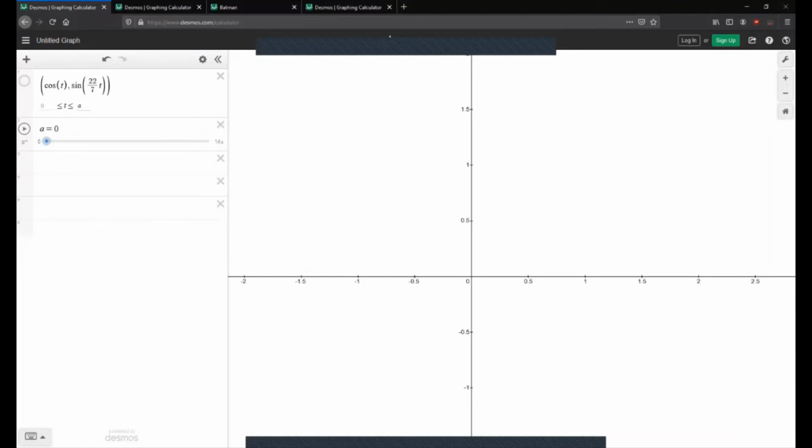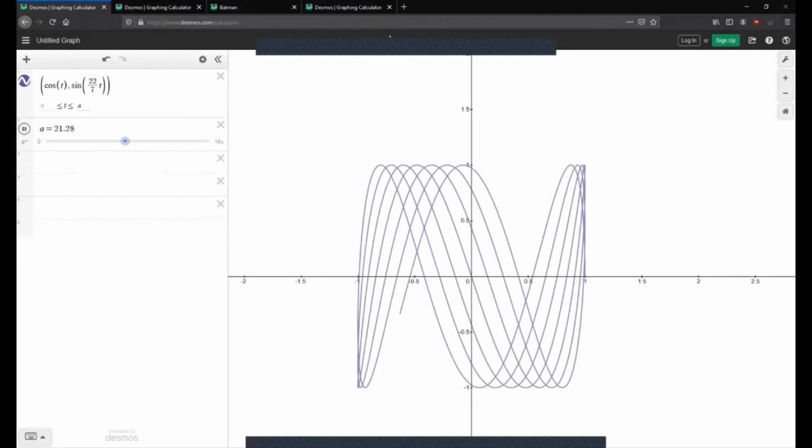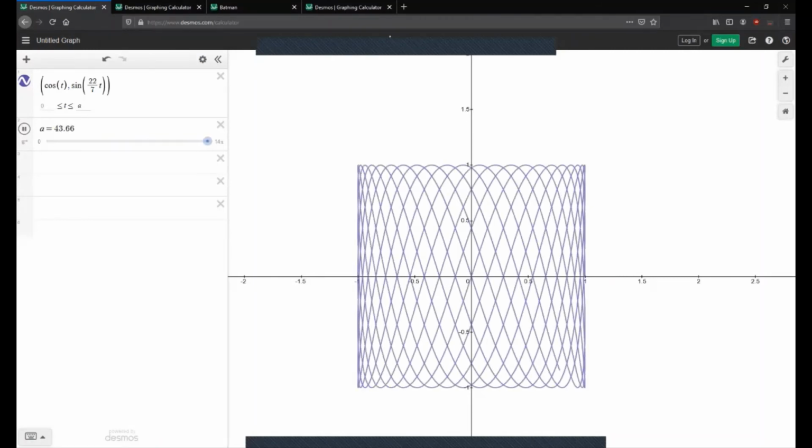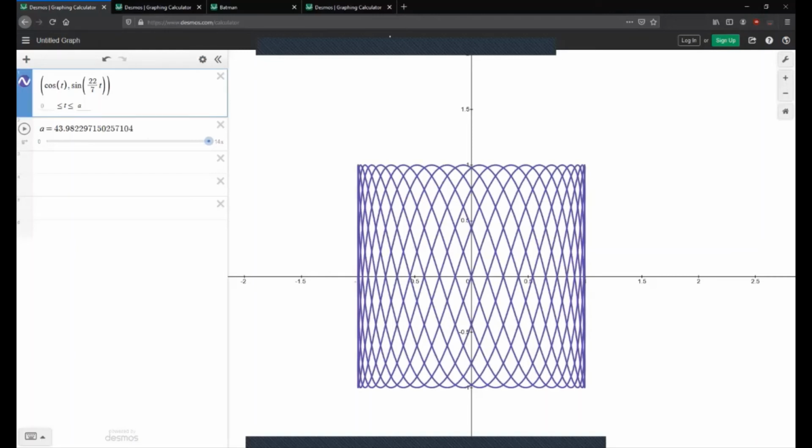So I know that pi is a number that's close to 22/7. If I did this for a multiplier of 22/7 here, I'd get a picture that looks kind of like this, where again, I get this sort of wave, but eventually it just lines up with itself, and the rest of the graph will continue to trace out the places where it's already been.